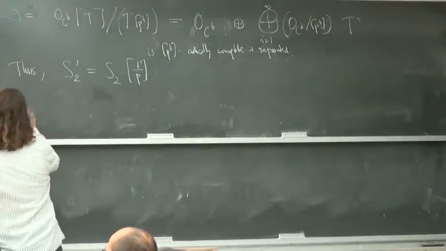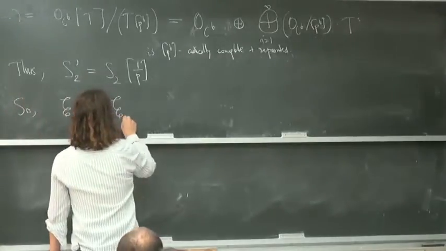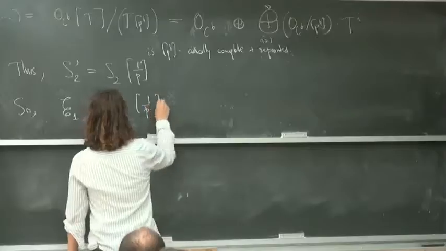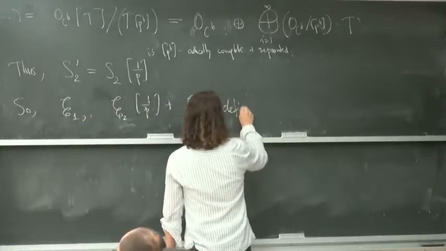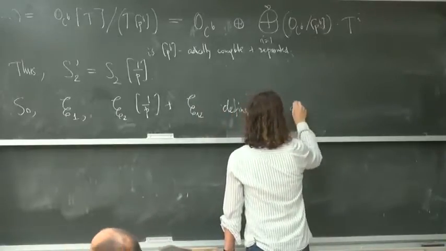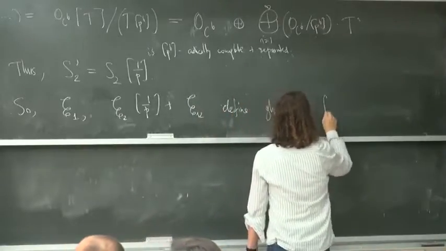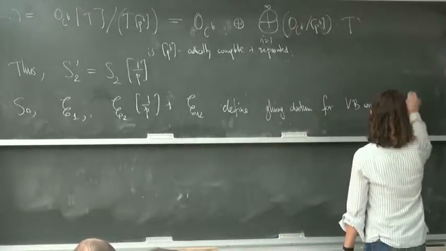And so, if you take E1, E2 invert P, and E12, they define a gluing datum for a vector bundle on the adic spectrum of R1.